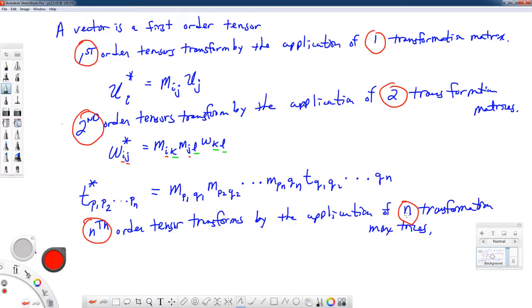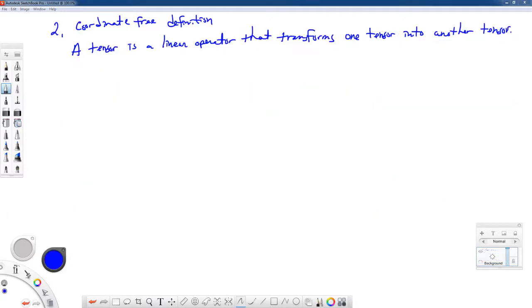So there is another way that we can define tensors, and it depends on the way that it operates on something. So let's talk about that. Okay, so that coordinate-free type definition, we can say that a tensor is a linear operator that transforms one tensor into another tensor, and if we want to be more precise, we can talk about the spaces on which it transforms and so forth.